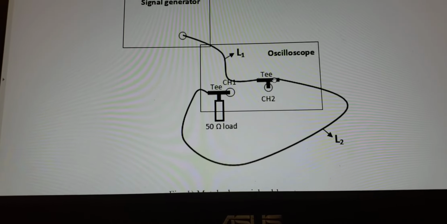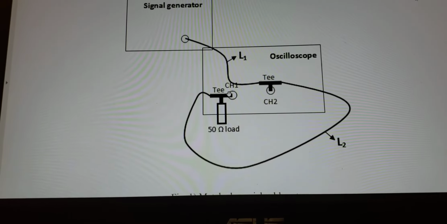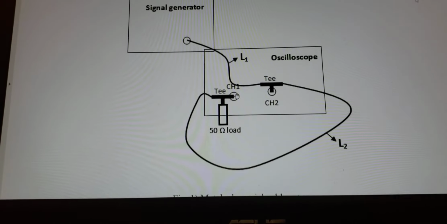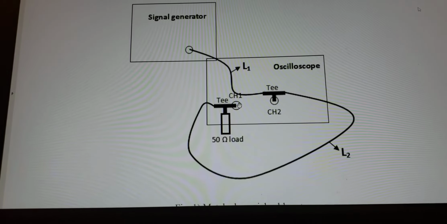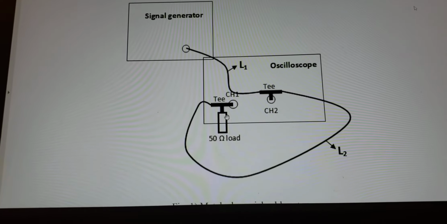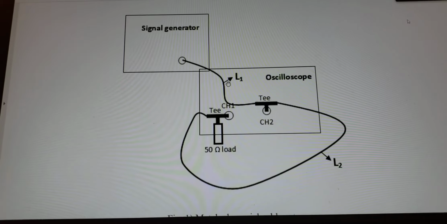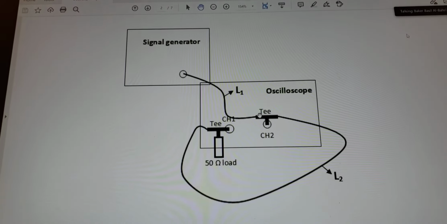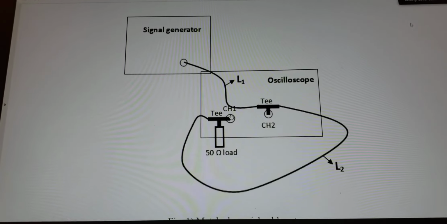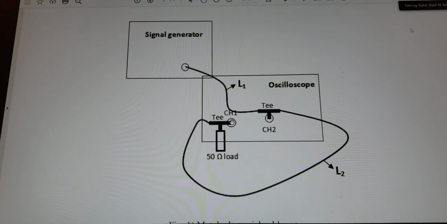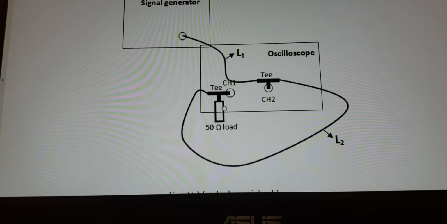And what we do, you take part of this one through another cable, which is L2, and we connect this one to channel 1. Also in channel 1 we will put a T junction, because I want to terminate the line by its characteristic impedance, which is this 50 ohm. So now in this configuration, we have the source, we have a transmission line, another transmission line, and at the far end, where the receiver is, we terminate the line by its characteristic impedance.